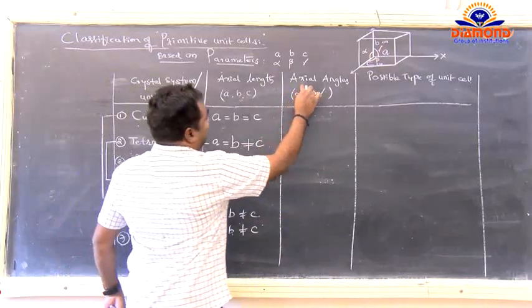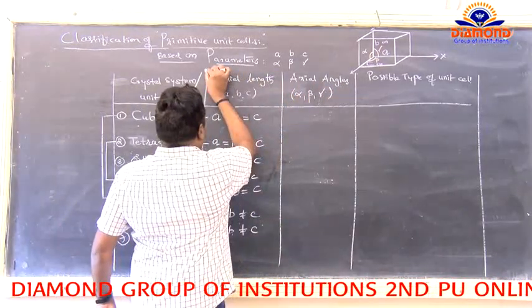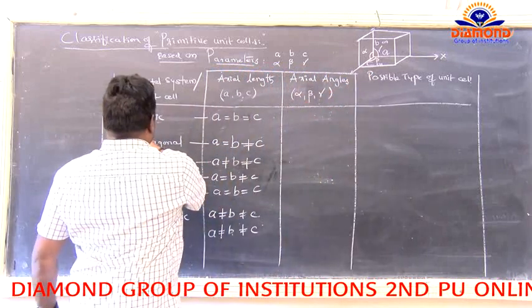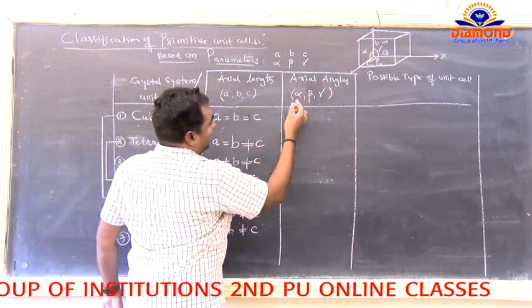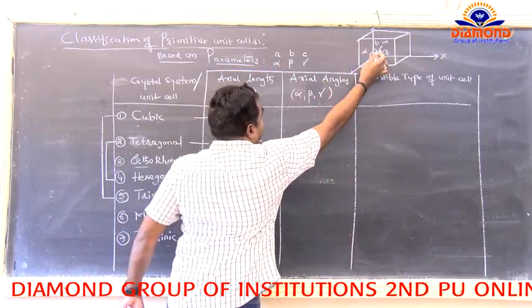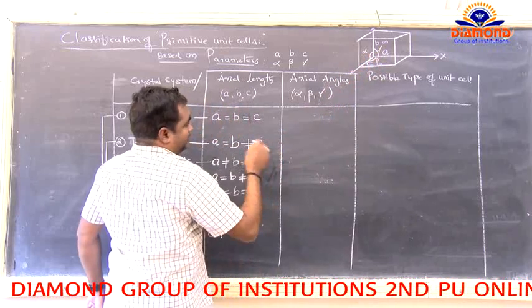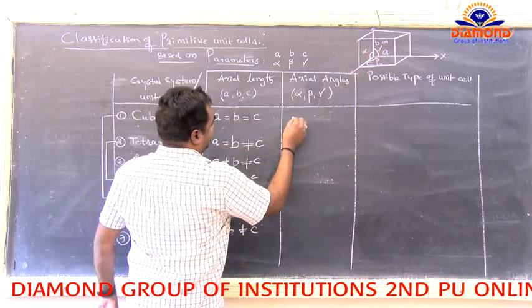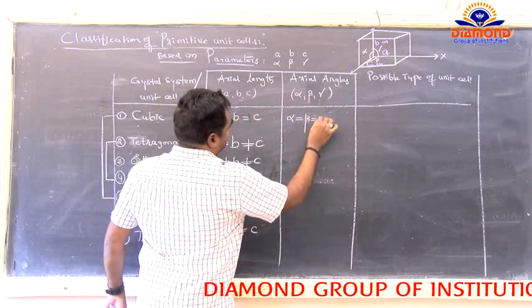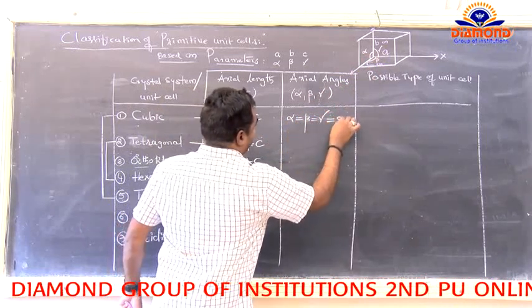Now for the axial angles. For the cubic unit cell, alpha, beta and gamma are all equal: alpha is equal to beta is equal to gamma, equal to 90 degrees.